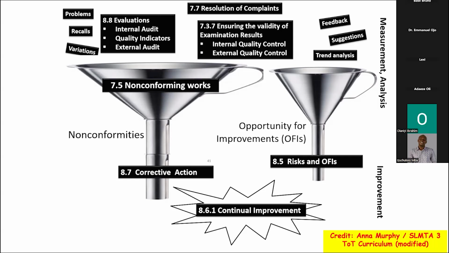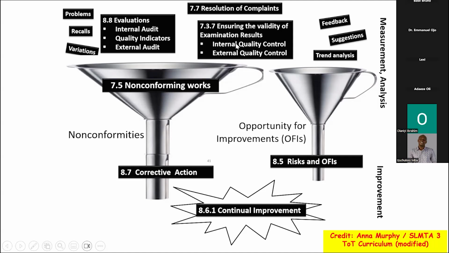So if you look at up here, you see clause 8.8 of ISO 15189:2022 talks about audits, quality indicators, and external audits. Here talks about information from external people, that's complaints.